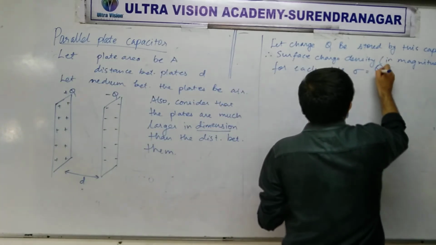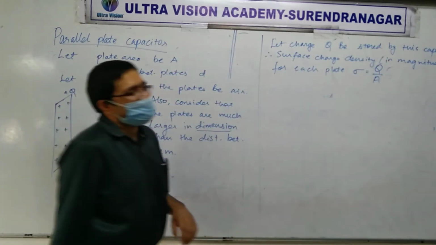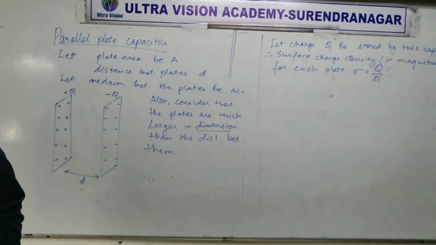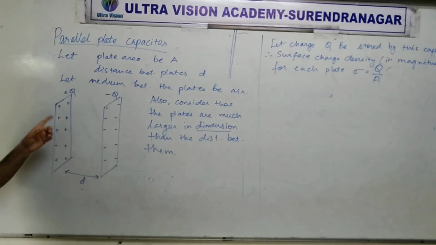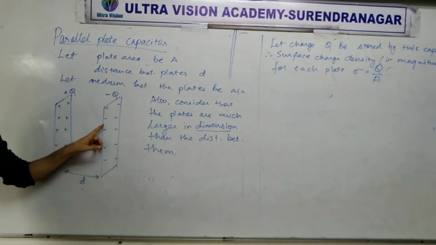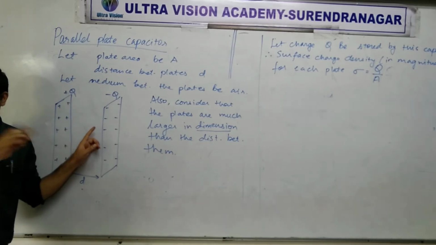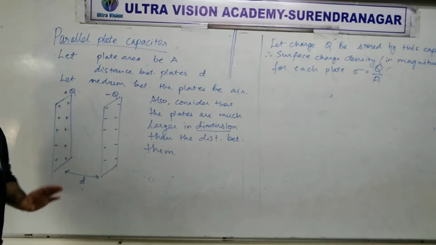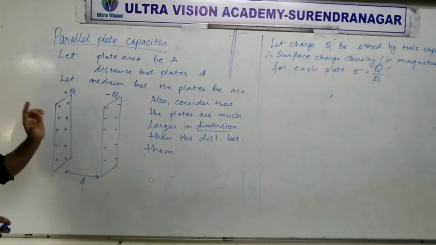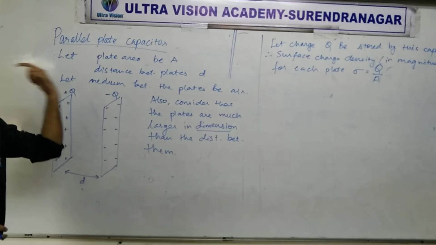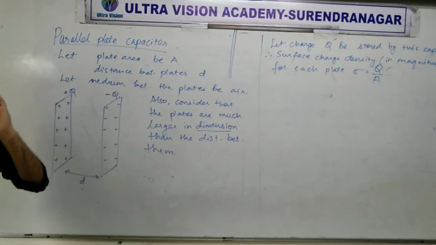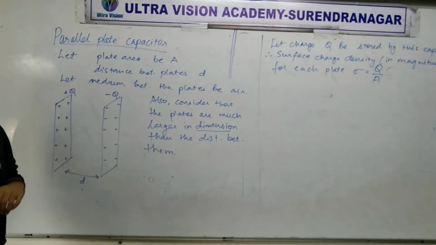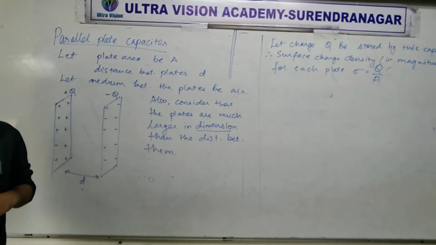Sigma equals Q by A. For this plate it will be sigma equal to Q by A, and for the other also it will be sigma equal to Q by A in magnitude, but with opposite sign. But we are not worried about it. Fine. So far, what we are trying to do is from charge find the electric field, and from the electric field we will find the potential difference.